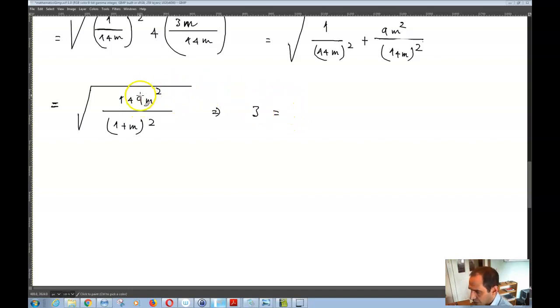So I write this as the square root of 1 plus 9m squared, because I think there is no way to simplify this. And I write 1 plus m whole squared as the absolute value of 1 plus m, just to make sure that it's not going to give me any negative values, because we are dealing with a distance over here.